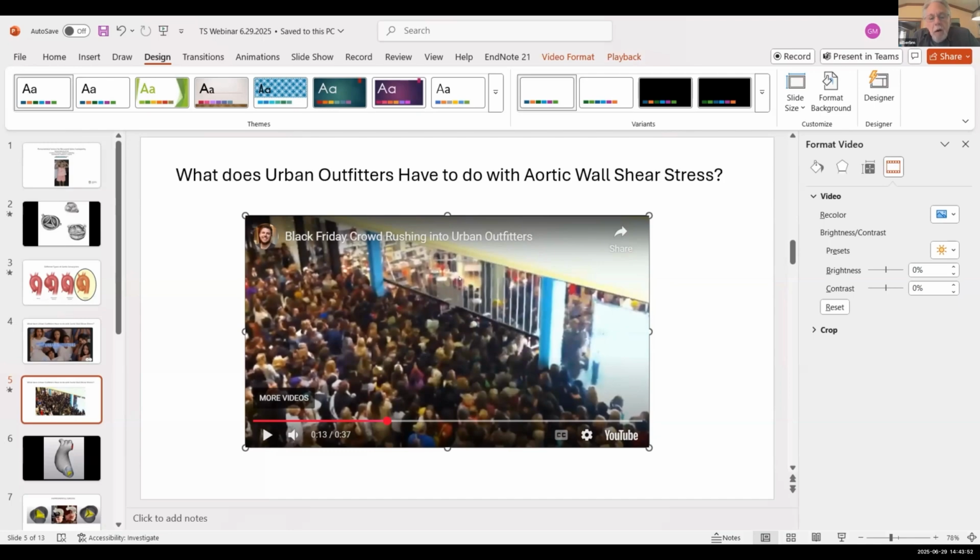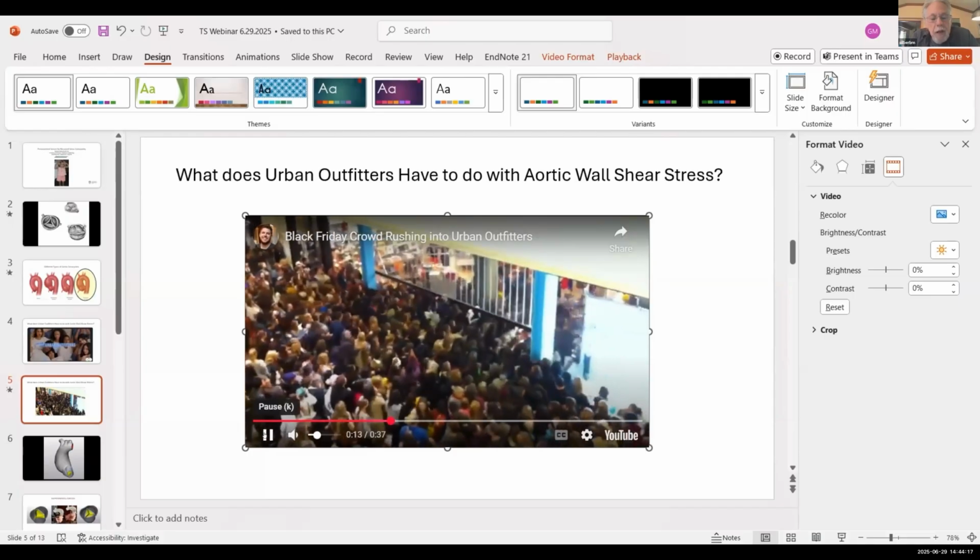But what's happening along this post and at the edges of this opening valve, if you will, a lot of turbulence and disrupted flow of, in this case, Urban Outfitter exuberant buyers at this sale. But we're going to think about that as what happens when flow is made abnormal as it moves through a valve.